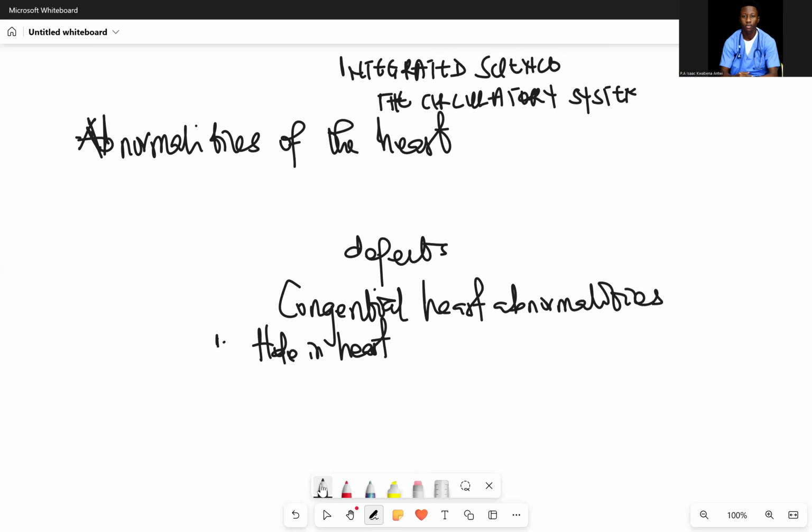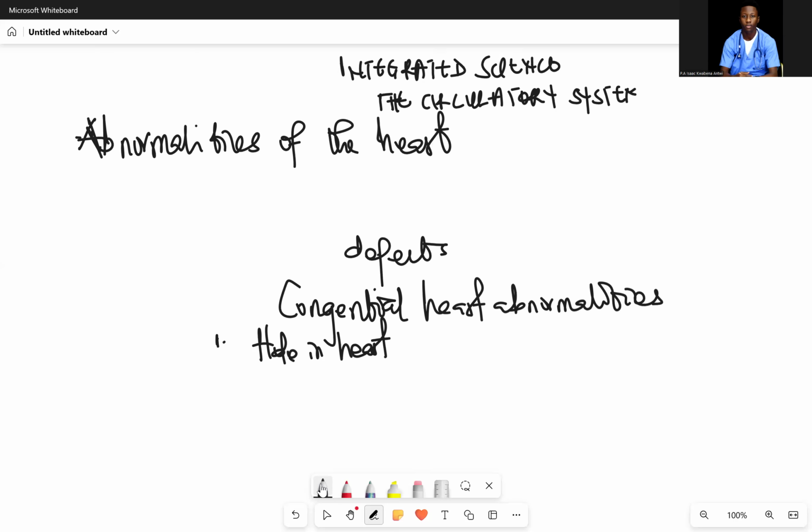When we talk of hole in heart, we have it in two parts. There can be a hole between the two upper chambers, the atriums. I hope you can visualize that. And there can be a hole between the two lower chambers, the ventricles.